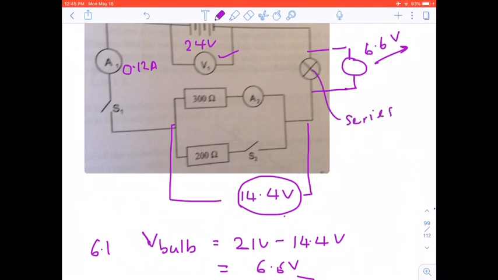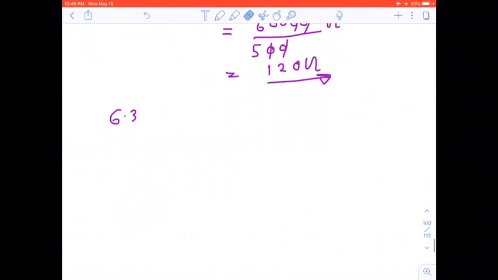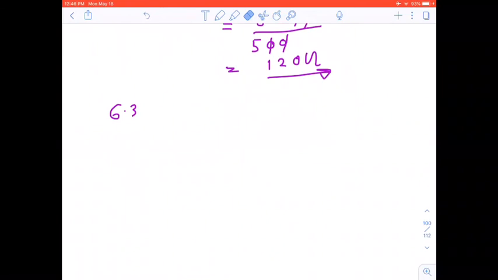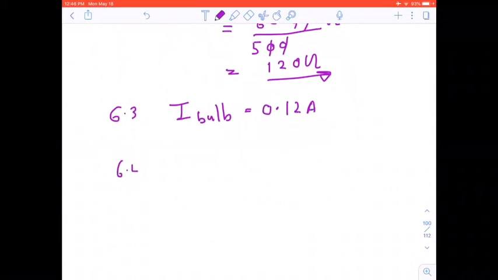Being connected in series, it is going to have the same current that the ammeter is reflecting there. So that means I in the bulb is equal to 0.12 amps.